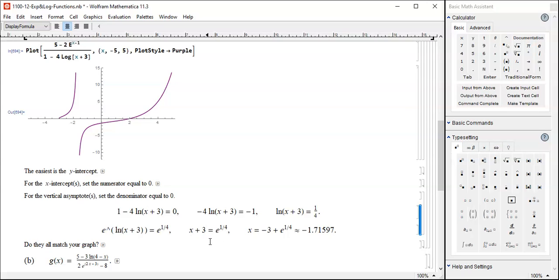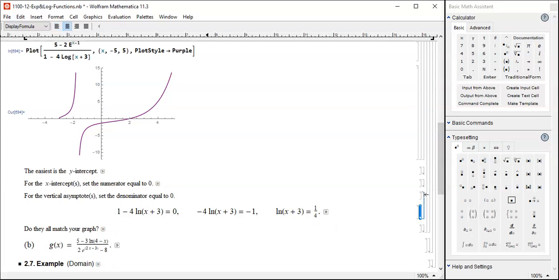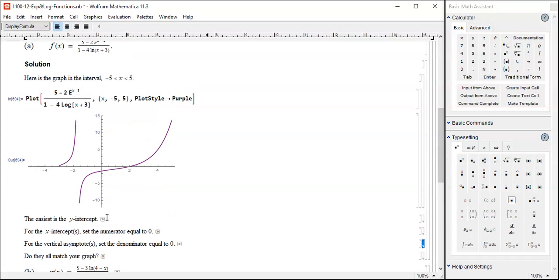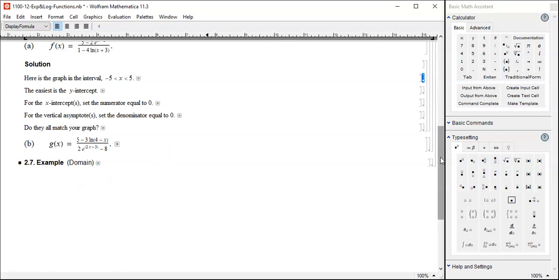And the right-hand side is, of course, the exponential of the right-hand side. Experienced students will just skip this and go from here to there directly. And then flip 3 over to the other side, and you have the answer. So, we wanted the y-intercept, x-intercept, and the vertical asymptote. We just found all those, and they all match the graph.